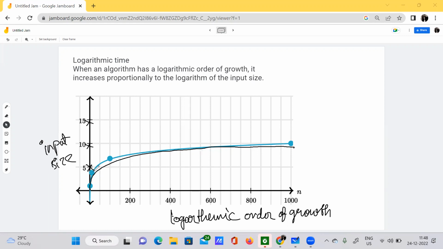This is indicating that when our algorithm has a logarithmic order of growth, it increases proportionally to the logarithm of the input size. Depending upon this particular logarithm of the input size, it tries to increase proportionally. So that's what it is explaining.